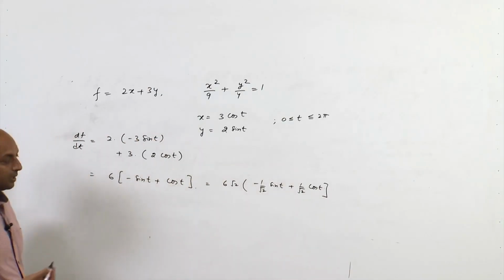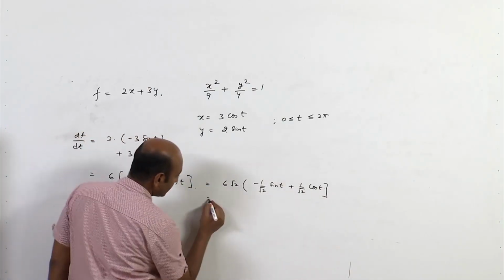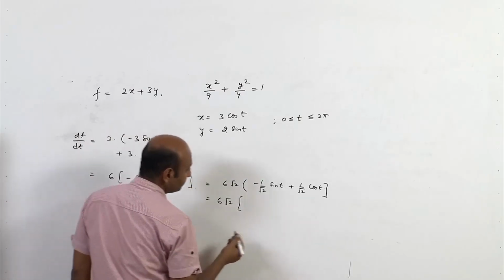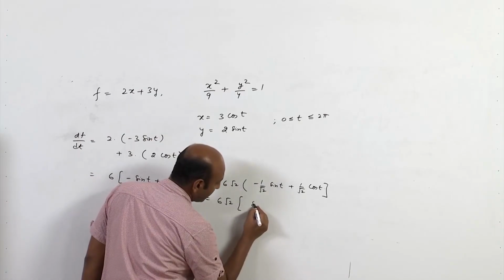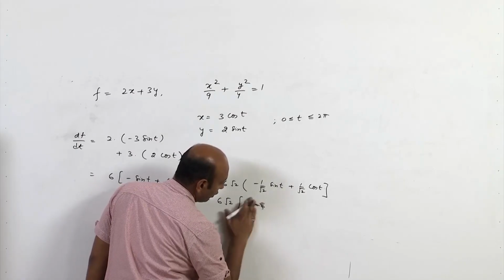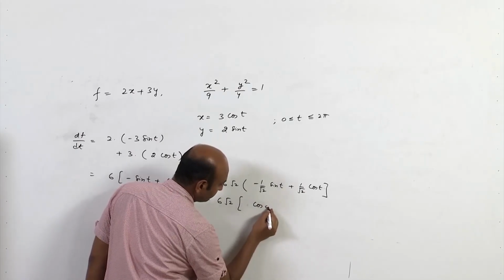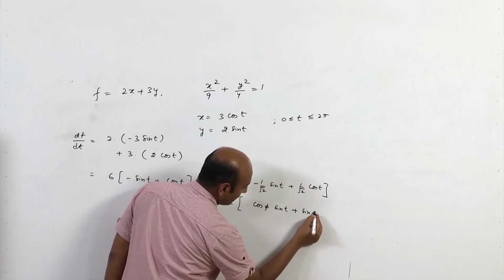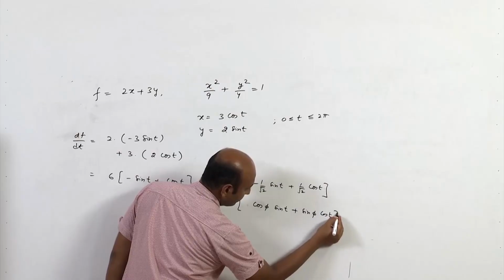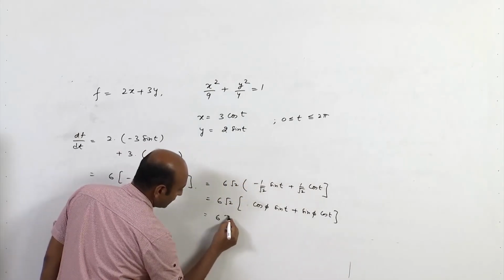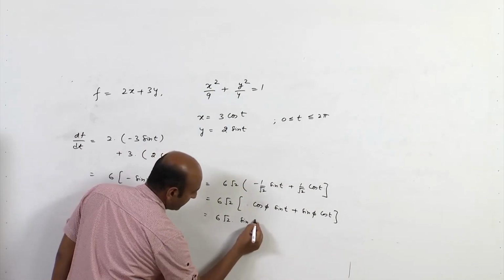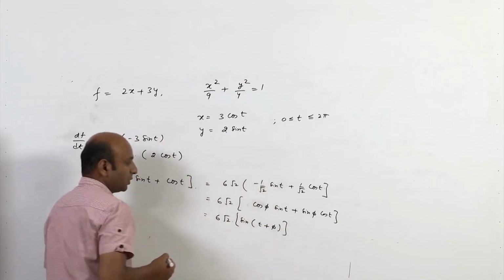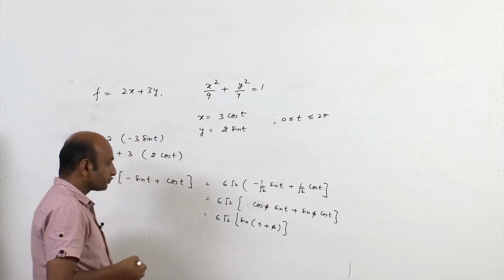Okay, and this will be 6 under root 2. This is say sin phi or cos phi sin t plus sin phi cos t, and this is 6 under root 2 sin A plus B. So, what will be phi?